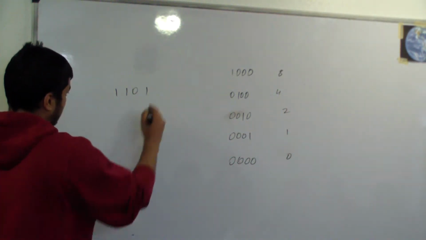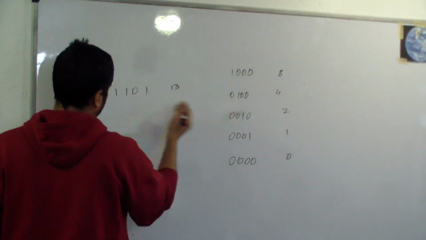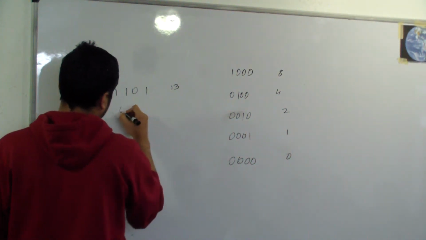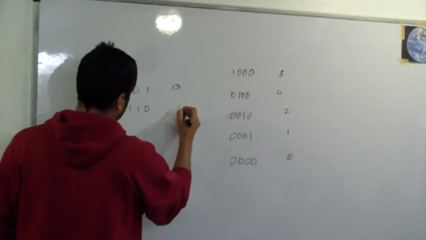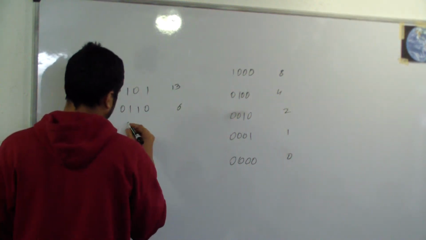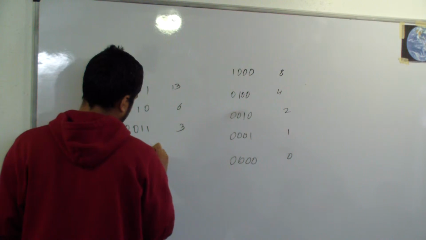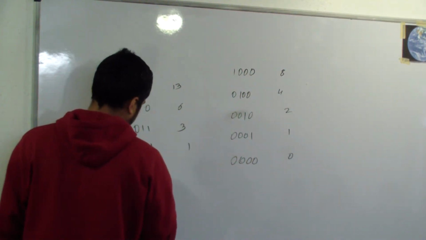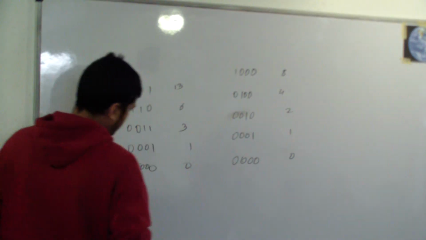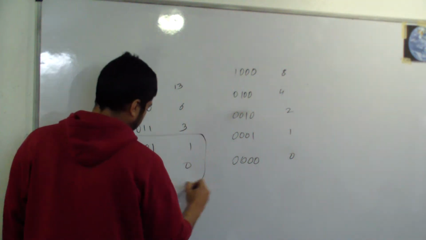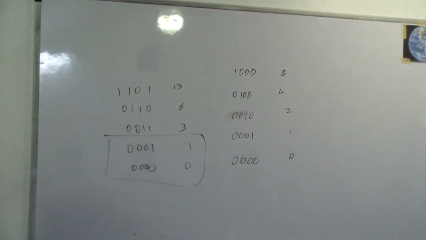What is this? 13. So when you right shift 1, this is 6. Right shift 1, this is 3. This is 1. You see that every time the last one becomes this.